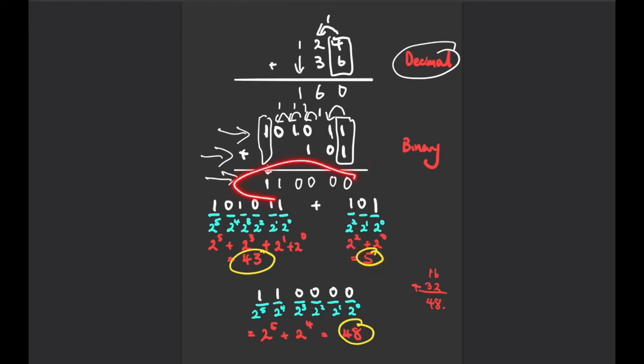And our answer, 110011, when converted into decimal, turns into 48. And so after we add up 43 and 5, we find that the answer is indeed 48, which means our calculations in this binary system were correct.